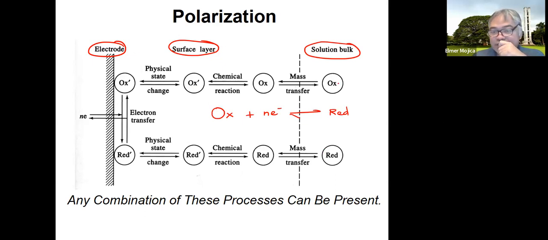So you can see there, let's say, metal, mass transfer between the solution and the surface layer. And then there's what? A chemical reaction here. And then the physical state or a change there. And then this is where the reaction happened. You see this reaction? That's all it is.